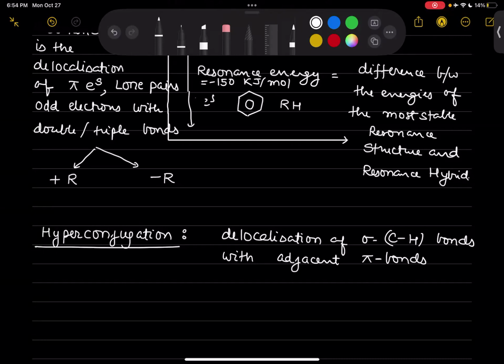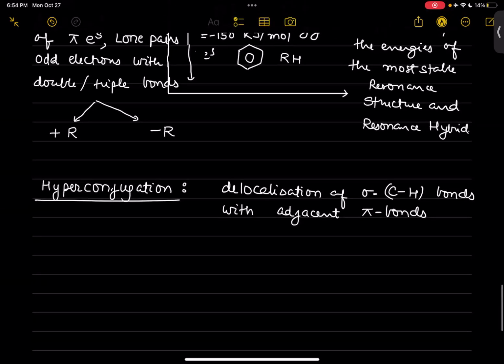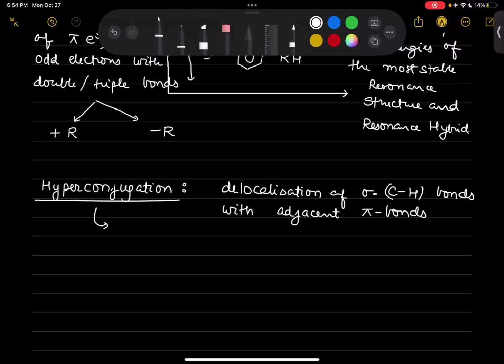Got it? Is it clear? So that is called hyperconjugation. It is known by the name of the H effect.